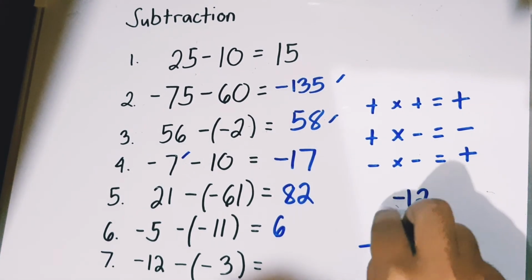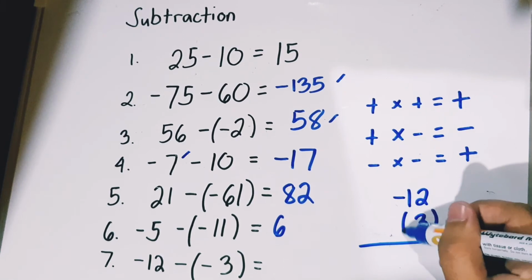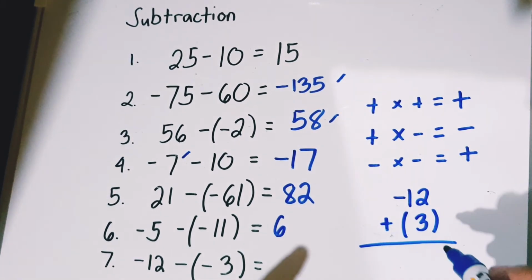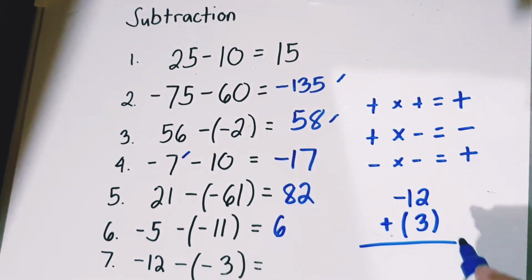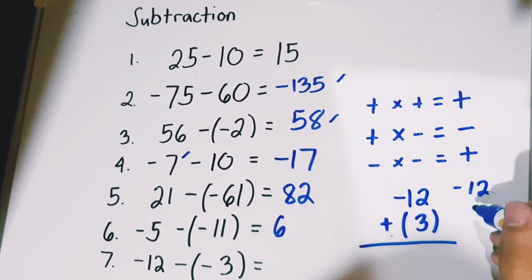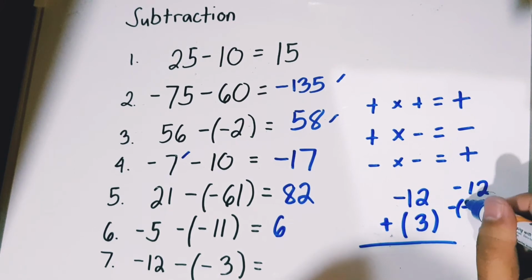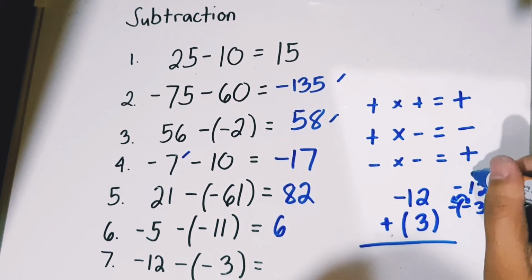Sorry if this becomes shaky when I erased it. So this becomes positive since we multiply them both. I'll just put it here so that you will not be confused. Sorry if my whiteboard is little. Negative 12 minus negative 3. So if you multiply that one, it becomes this one.